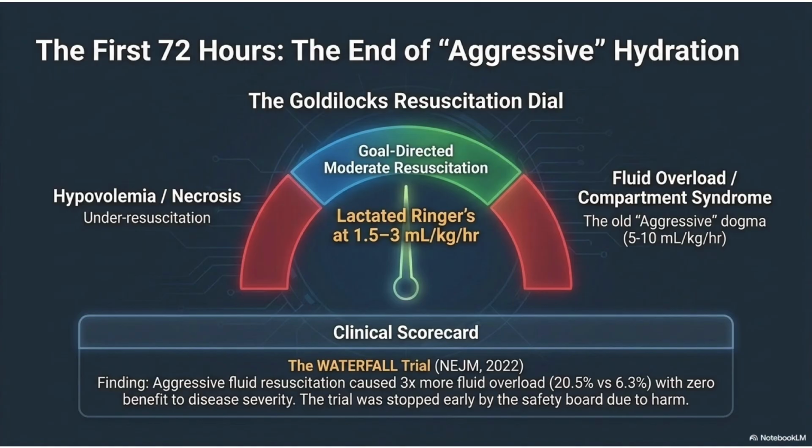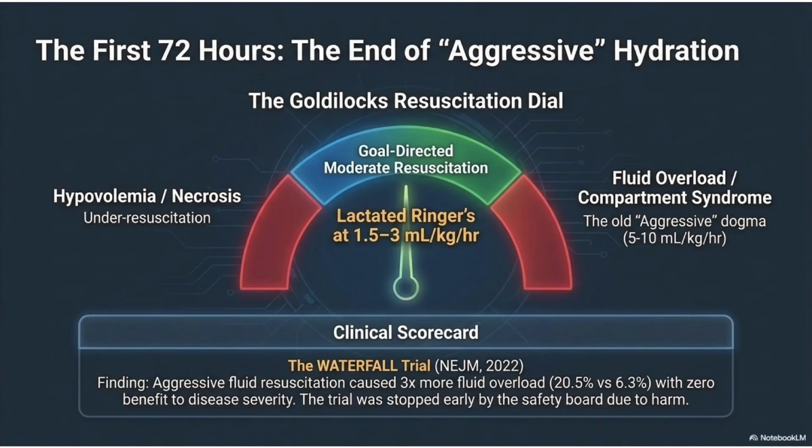So now they have come up with a different infusion rate, where the LR infused at 1.5 to 3 milliliter per kg per hour is more goal directed and has achieved better resuscitation results. The old aggressive IV fluid regimen was 5 to 10 milliliter per kg per hour.